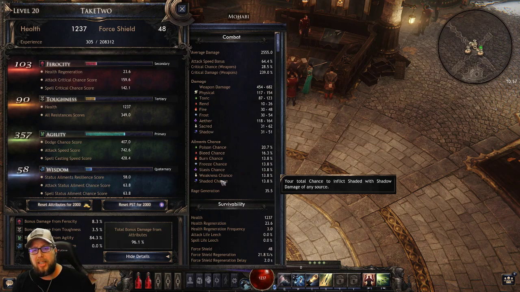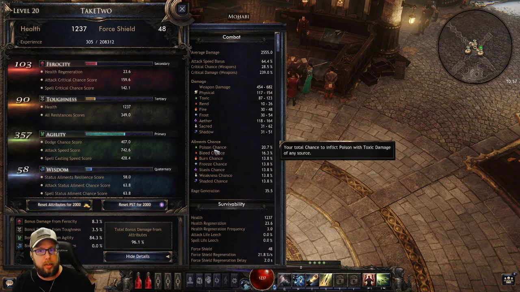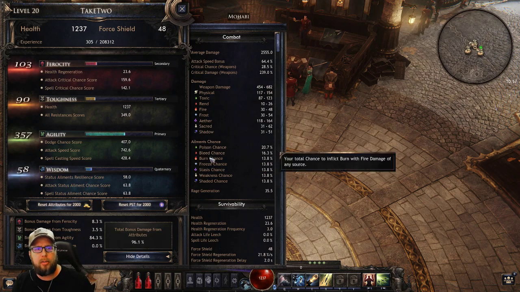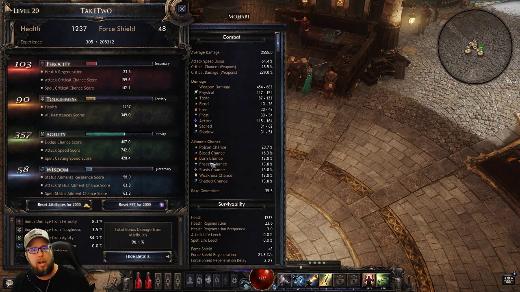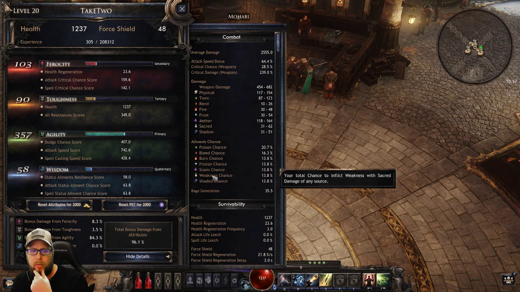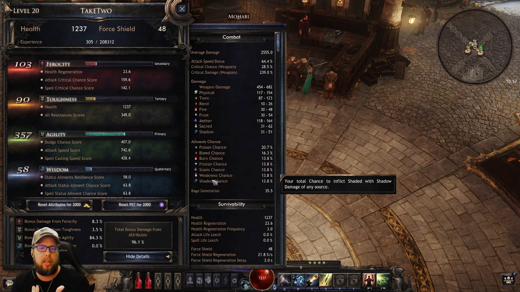Some of these are self-explanatory, like poison, bleed, burn, freeze. Most people know those, especially if you've played other ARPGs in the past. There's some other ones that may need a little bit more explaining because you're like, stasis, weakness, shaded.